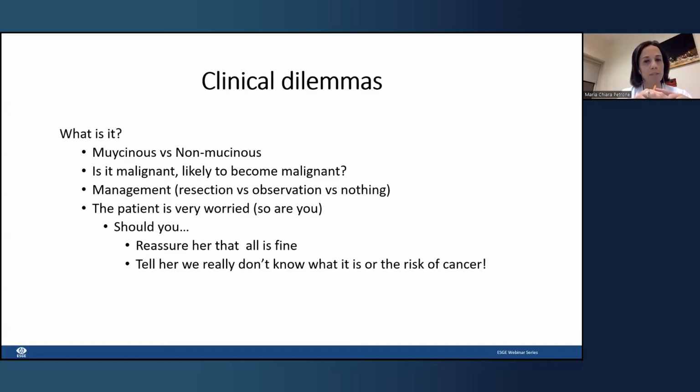Moreover, we have to remember that within the mucinous group, the risk of degeneration varies greatly. So the management will be different, of course, and usually the patient is very worried about this new diagnosis.